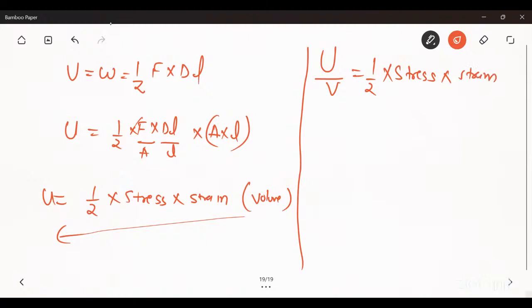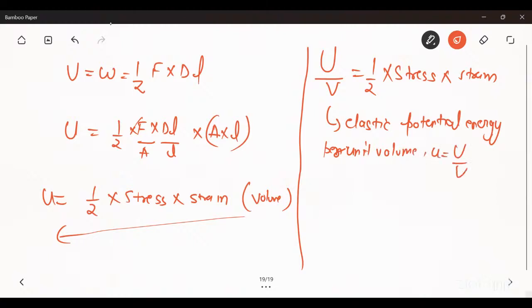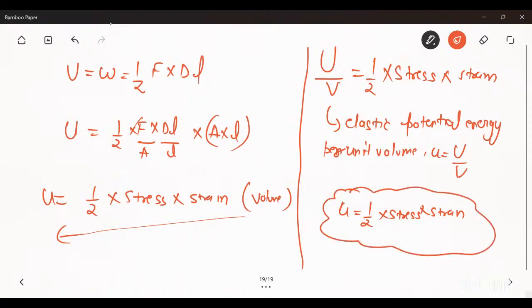Elastic potential energy per unit volume is defined by small u, which is equal to U upon V. So small u is equal to half of stress into strain. Clear? This is the value of elastic potential energy per unit volume.